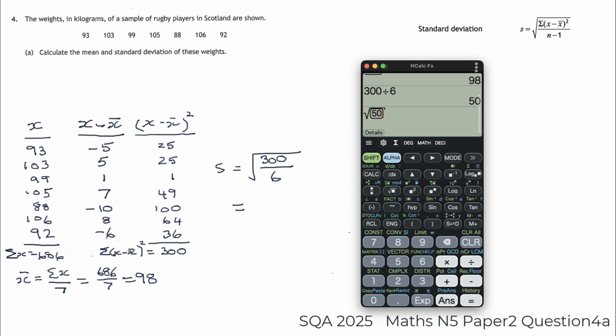So that's the square root of 50, and that equals 7.071 and so on. Now approximately, it doesn't tell us what accuracy they want, but 7.07, and that's to 3 significant figures.